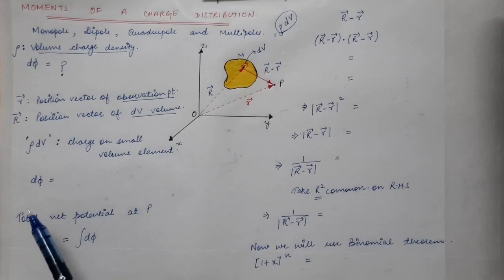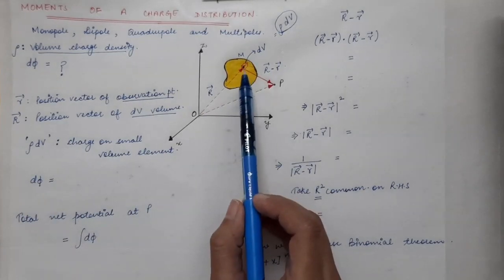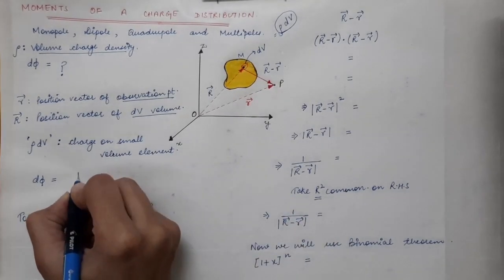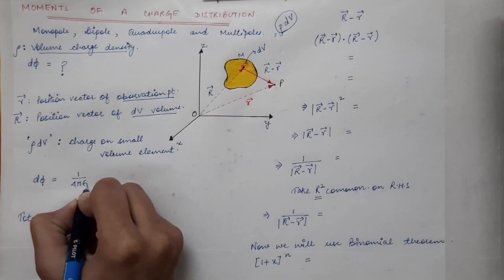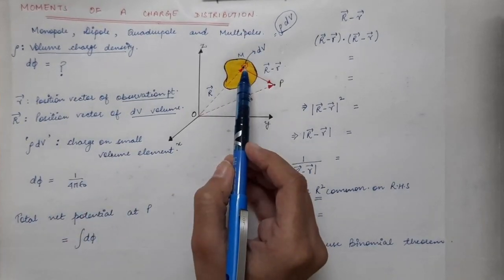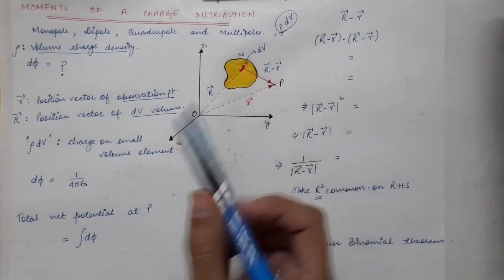So what is the potential due to this charge present on this small volume element at P point? That potential is nothing but equal to 1 by 4 pi epsilon naught into charge. Now what is the charge carried by this small volume element? That is nothing but equal to rho times dV.